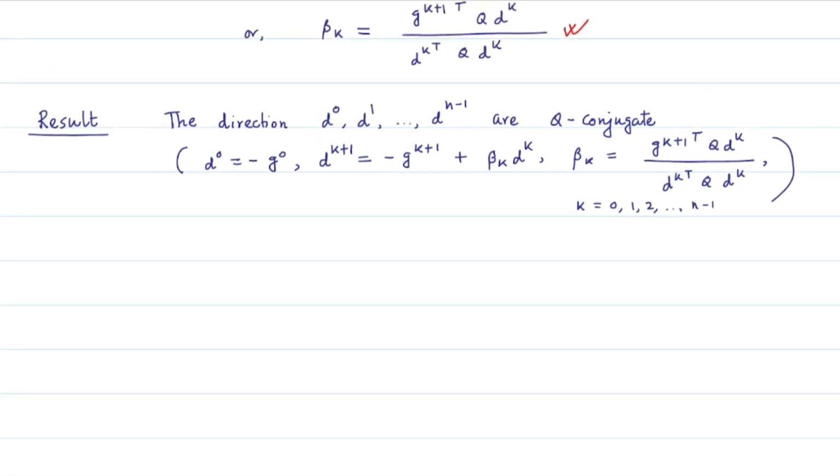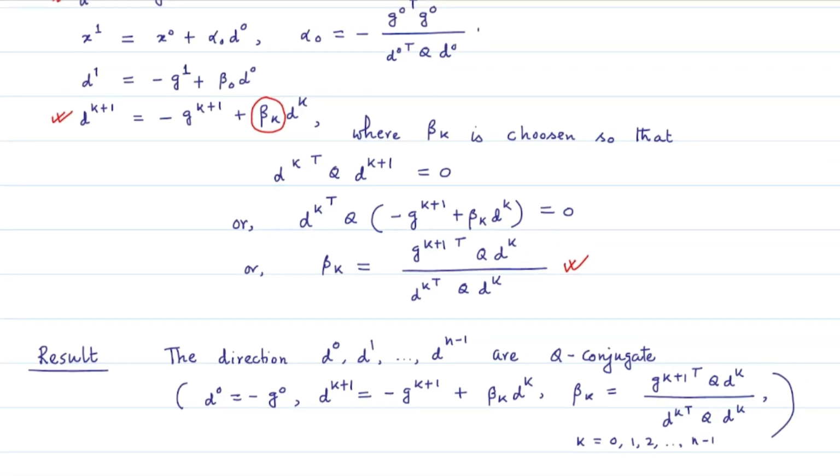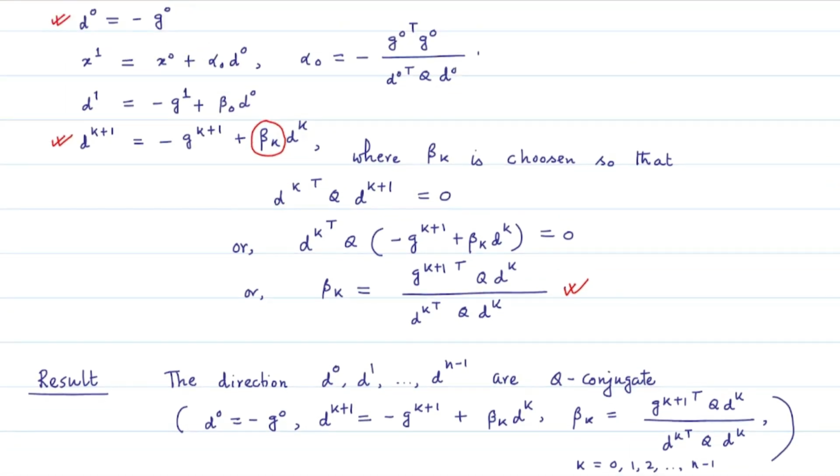Fine. So with the help of this result, we can now devise a new algorithm where instead of pre-specified n many Q conjugate directions, we can compute the Q conjugate directions as the algorithm progresses, which is as follows. You start from x0, then you compute the vector d0, next you find the next iterative point x1 by this equation, then reaching at the point x1, you find the direction d1 given by this expression, where beta 0 is given by this expression by plugging k equal to 0.